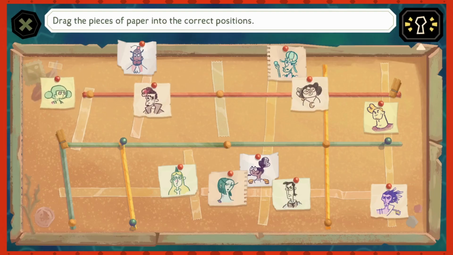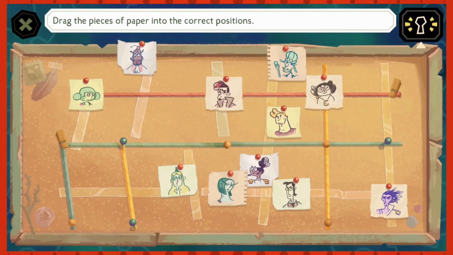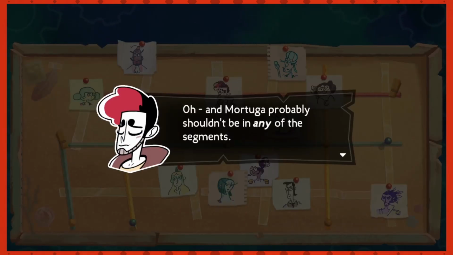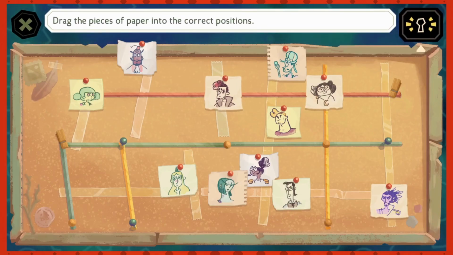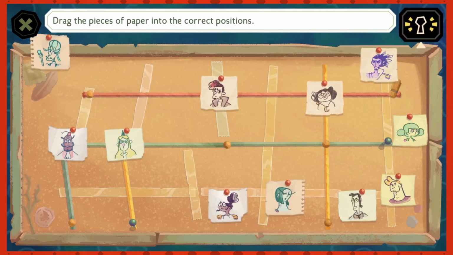We're two... but then what is this? Mortuga shouldn't be in any of the segments. If Mortuga's off to the side... I don't understand what line of thinking you want me to do here.